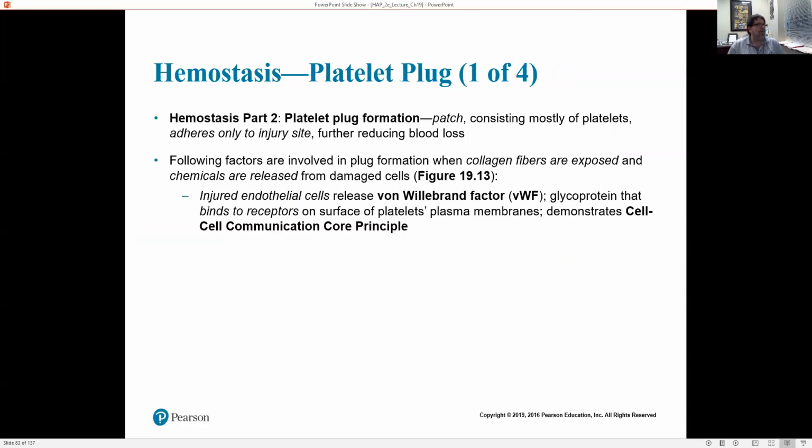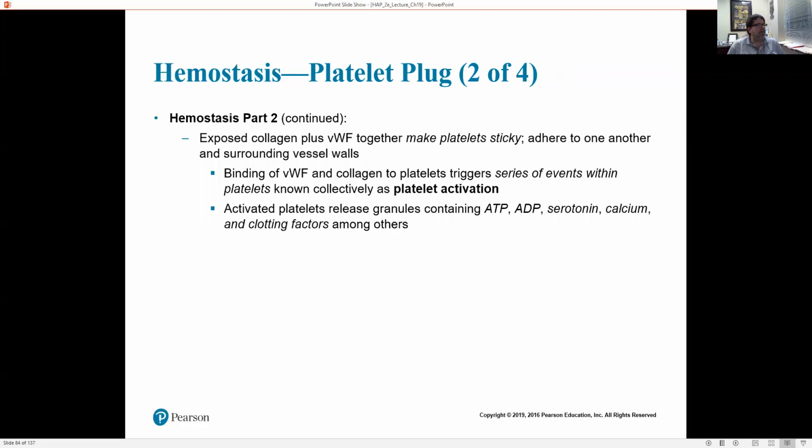That's pretty cool. Second step, the platelet plug. A patch consisting mostly of platelets adheres only to injured sites, and this further reduces blood loss. The following factors are involved in plug formation: collagen fibers are exposed and chemicals are released from damaged cells. These chemicals include von Willebrand factor, VWF, glycoproteins that bind receptors on the surface of platelet plasma membranes and cause them to spread, exposing the collagen fibers.